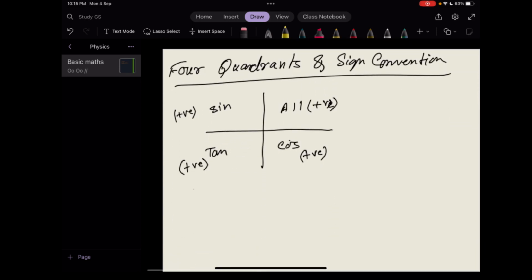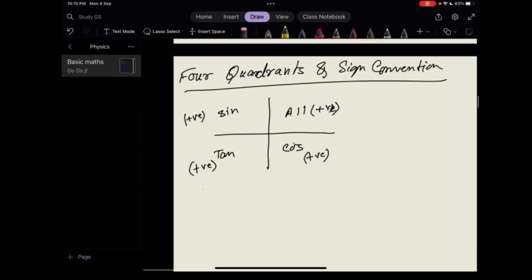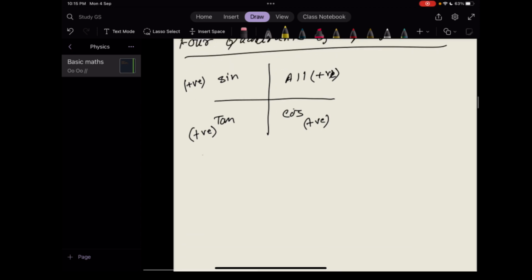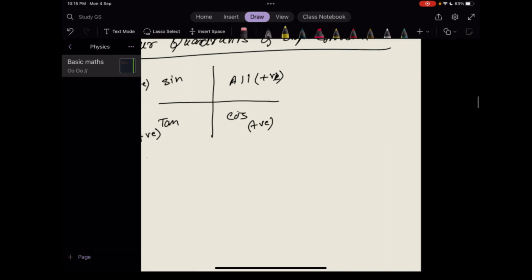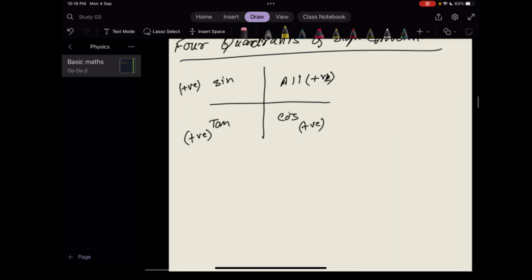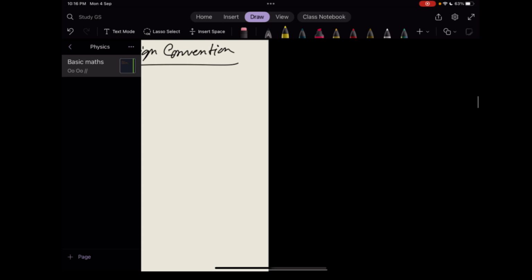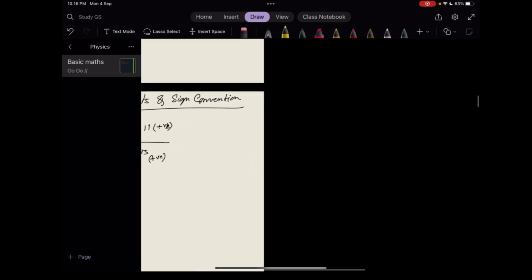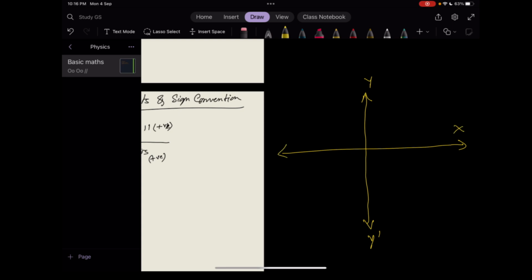Now let's move to the 4 quadrants and sign convention. Okay, so see, this is the sign convention. Now let me explain you a bit. Let's say here you have a graph paper, y-axis Y and Y dash, x-axis X and X dash.